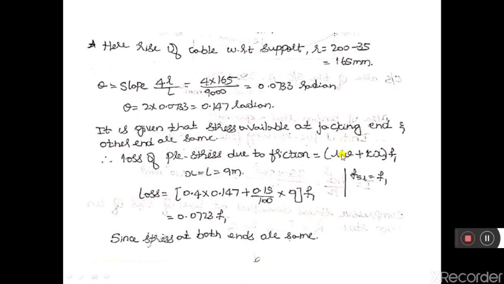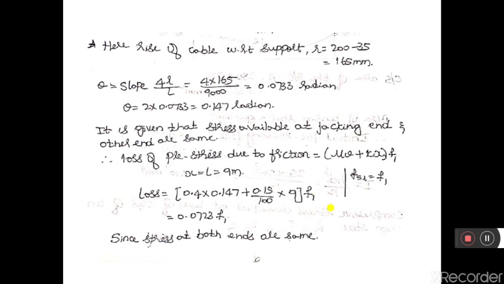Therefore loss is equal to 0.4, which is mu given in the question, into theta which we have calculated here, plus k which is 0.15 per 100 meter, so divided by 100 into 9. Here 9 is x. Remember that the formula is derived in such a way that x is in terms of meters, so there is no need to convert this into millimeter. So x is equal to 9 meter, into F1 or FSI, the initial pre-stress.